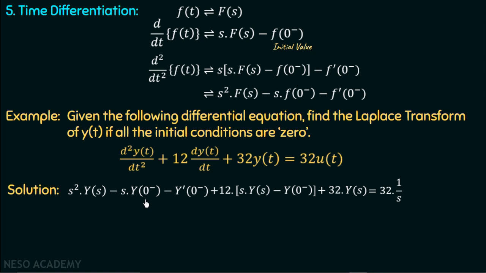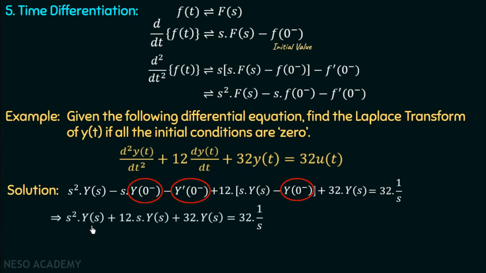And what are the initial value factors in this particular step? y of 0 minus, y prime of 0 minus, and this y of 0 minus. All these three factors will become 0, and we will have s square multiplied Y of s plus 12 multiplied s multiplied Y of s plus 32 multiplied Y of s is equal to 32 multiplied 1 over s.